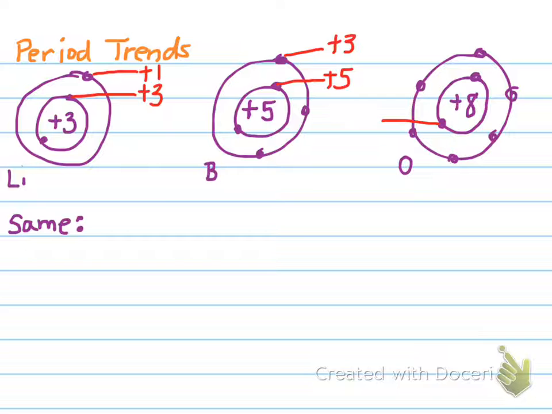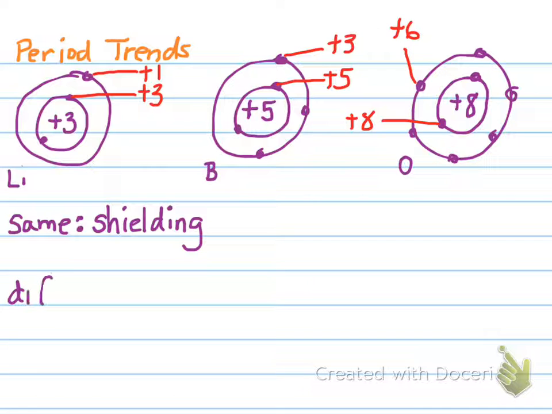I have a +8 pull, I have a shielding of 2, I have a +6 pull. So again, what stayed the same? Our shielding this time has stayed the same. Because we're always adding electrons to our second energy level, we always just have our first energy level shielding, so our shielding stays the same. Okay. Notice what's different again.